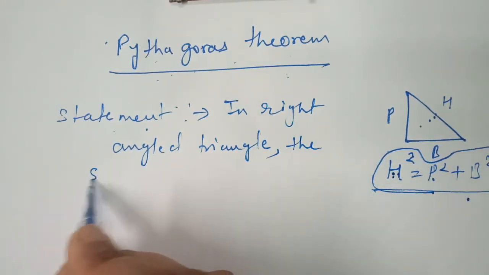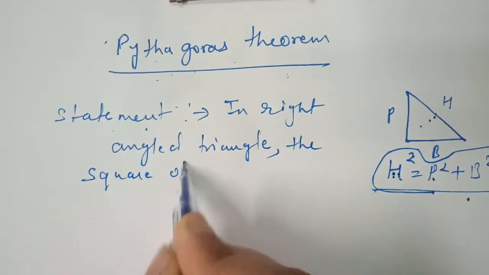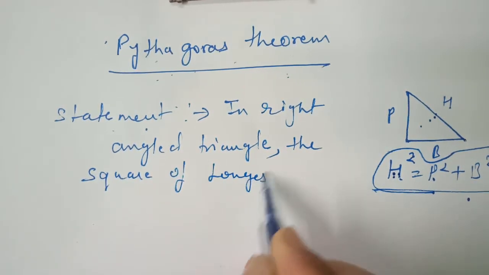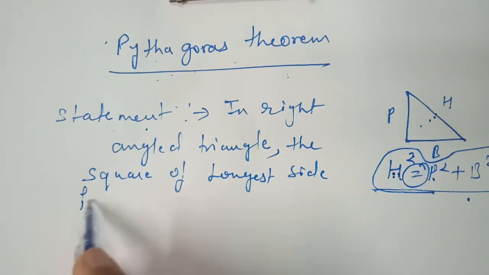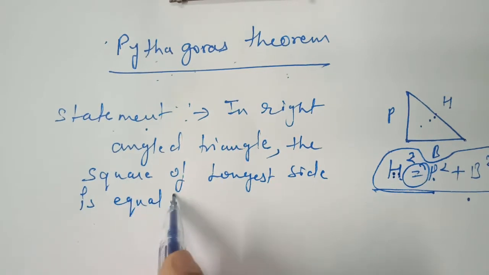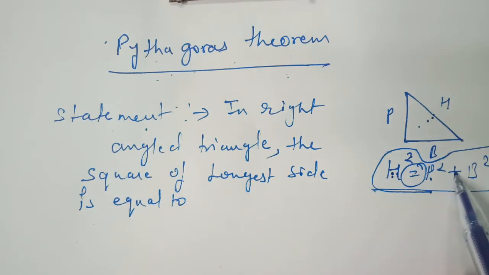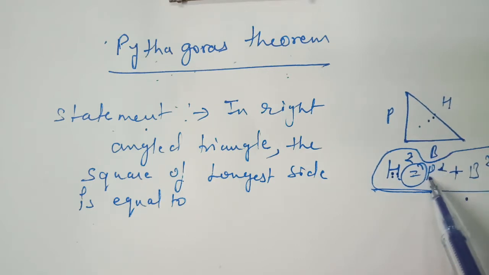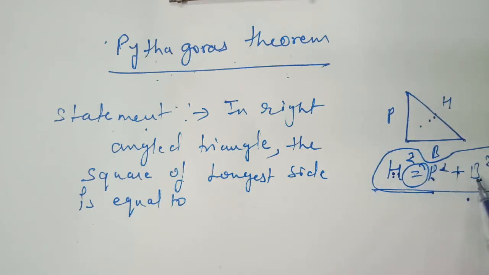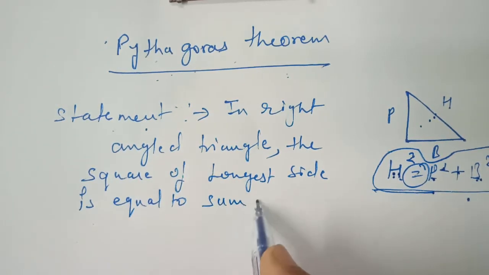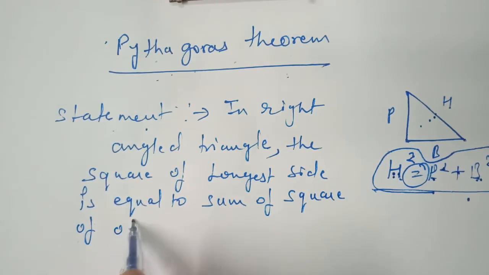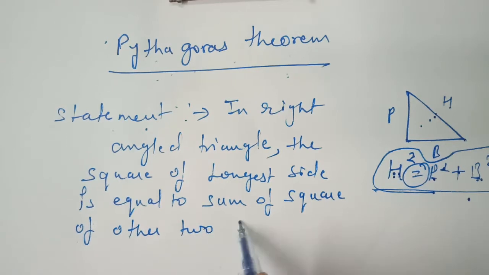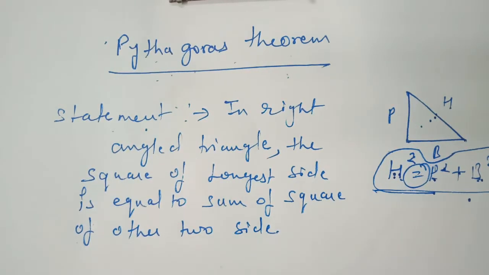The square of the longest side is equal to the sum of the squares of the other two sides. We don't have to specify them, you just write the other two sides. This way you can learn the statement.